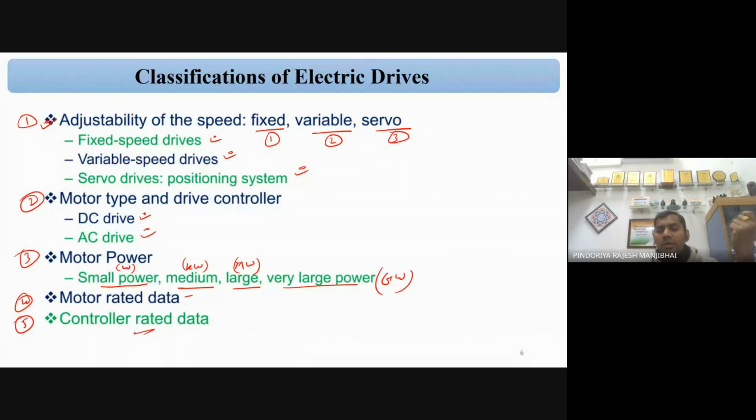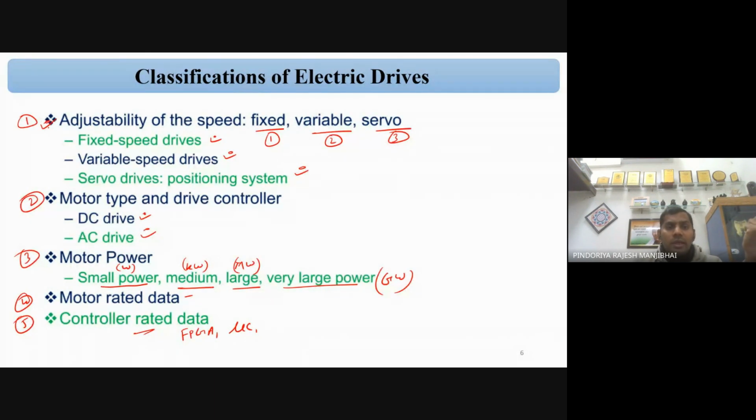Controller rated data means what type of controller we can use, maybe the FPGA, maybe the microcontroller, maybe any other controller. So depending on this, we can classify our electric drives.